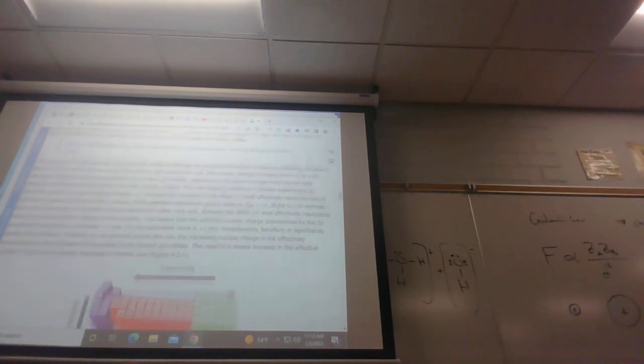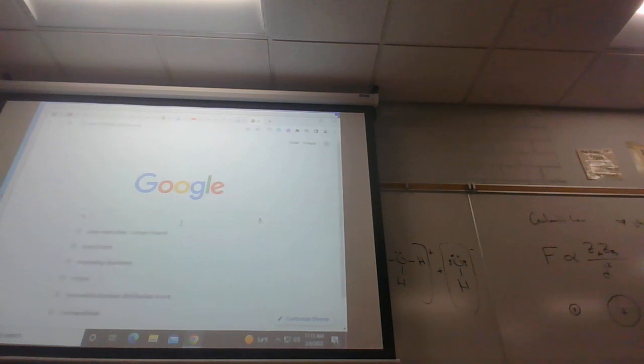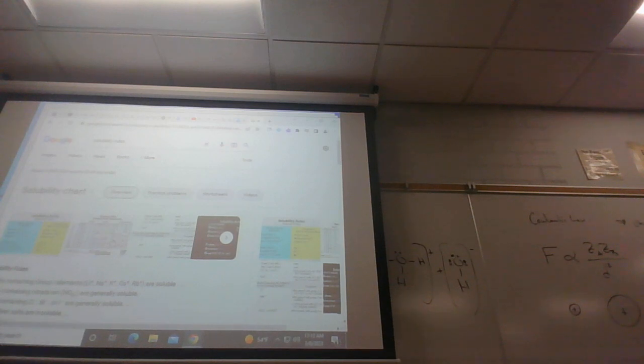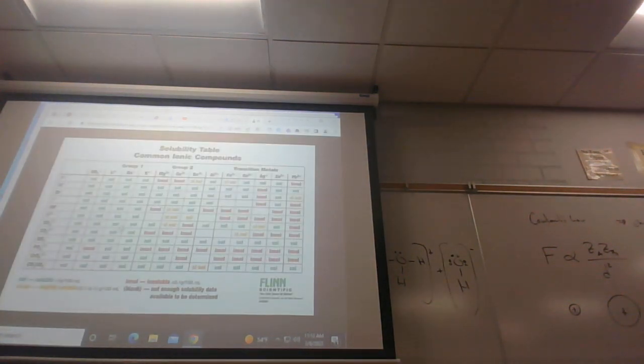So anyway, going back to the solubility rules, let's go back and try to look up the solubility rule. Now, different books will have different solubility rules. Do you want to memorize them one by one?